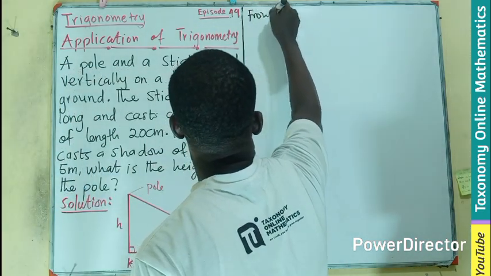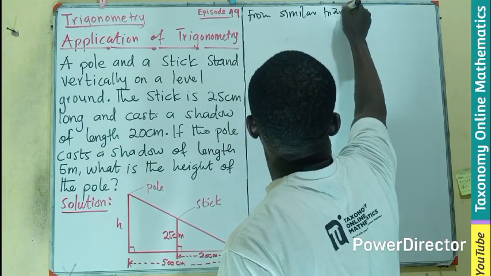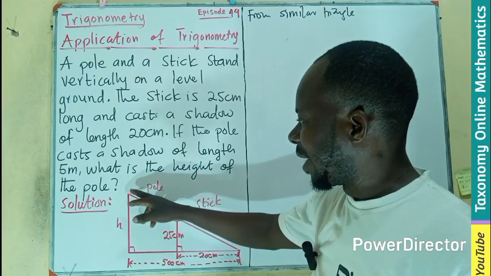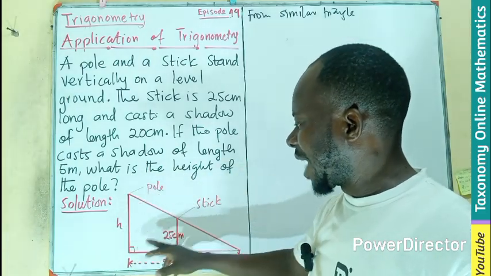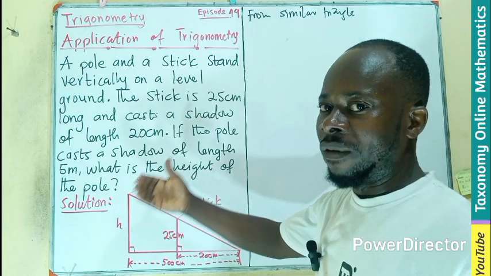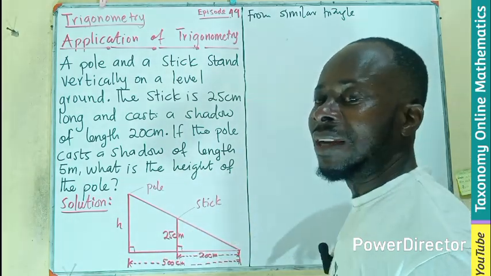So from the similar triangle property, the vertical heights correspond, so the ratio of their vertical sides should be equal to the ratio of the horizontal sides.